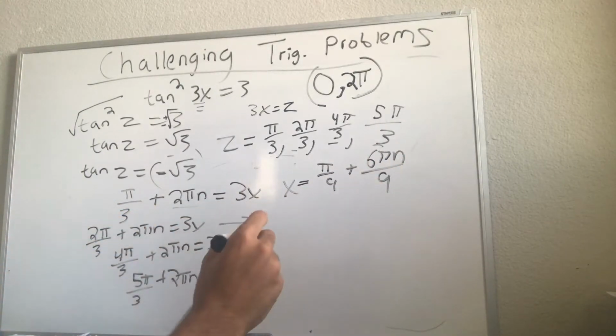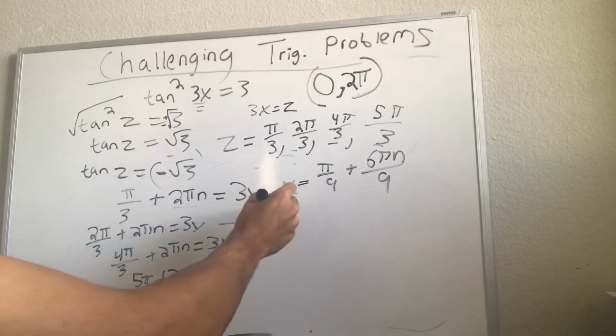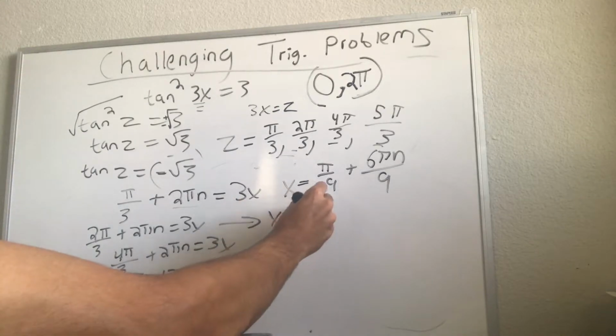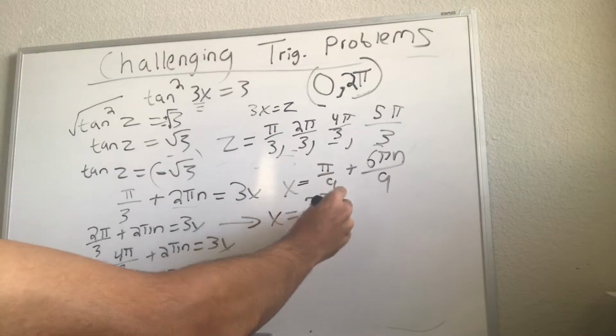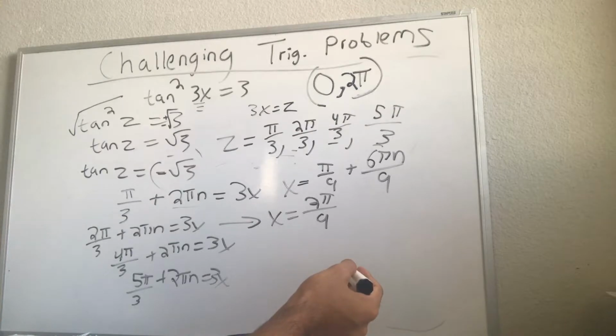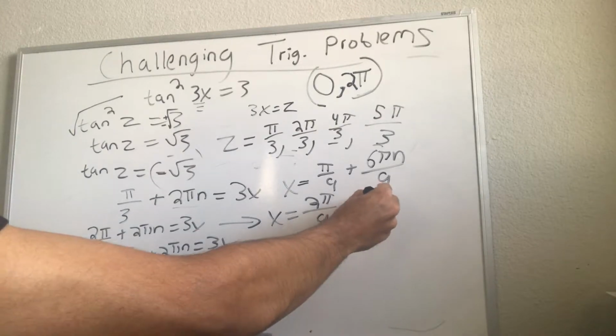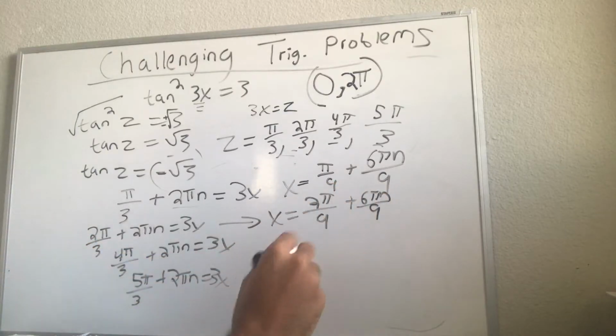Looking at the second one, we can again divide both sides by 3, so we get x is equal to 2 pi over 9, and then we have plus 2 pi n over 3, and that's really just, again, 6 pi n over 9.